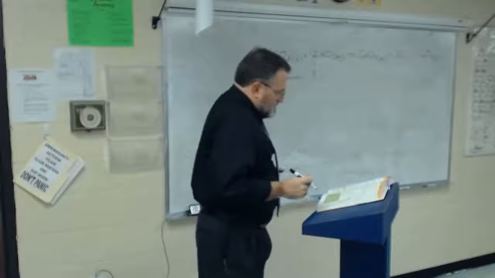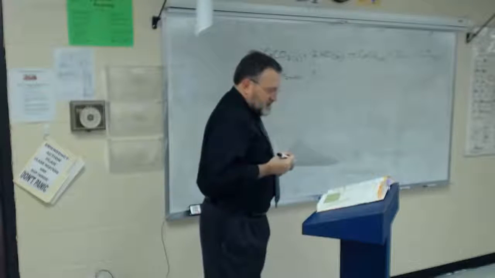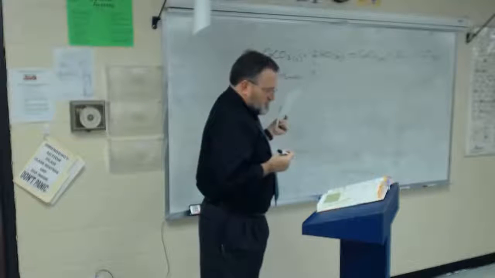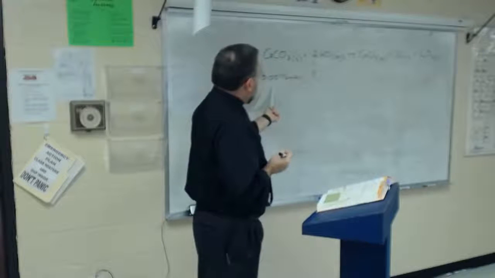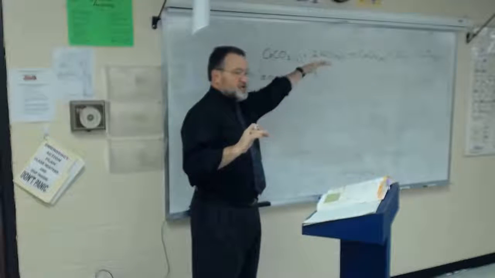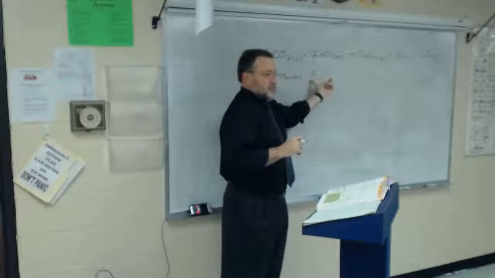Okay? And the question then is, how many moles of hydrochloric acid can this many moles of calcium carbonate neutralize? So when it says this, I'm trying to look for, in the perfect reaction, if I have this much, how much of this will it combine with?